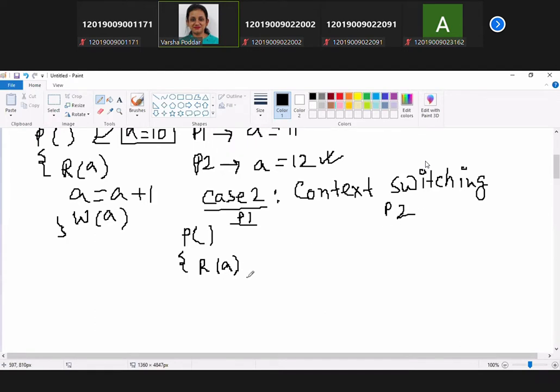After this, a context switch happens, and then P2 is executing.